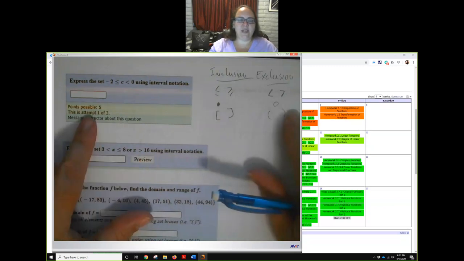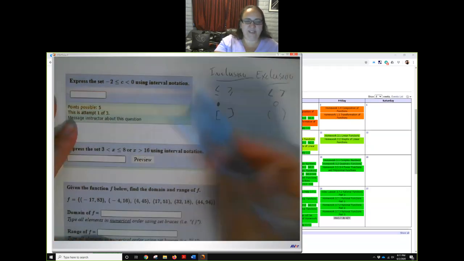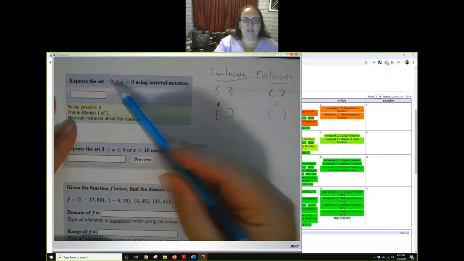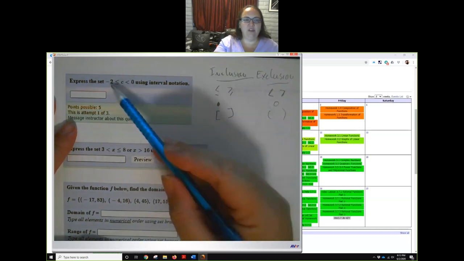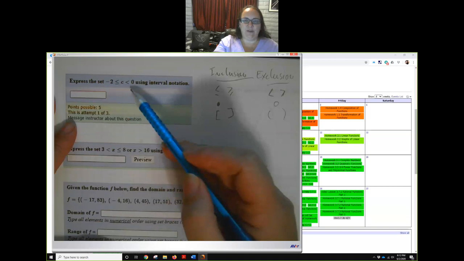So for example here, this is saying all of the numbers in between -2 and 0. -2 is included. 0 is not included. It is excluded.